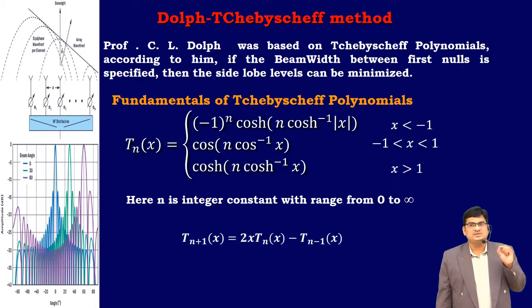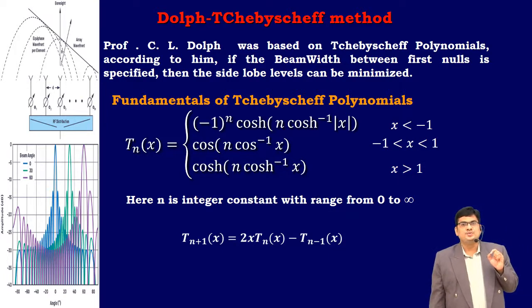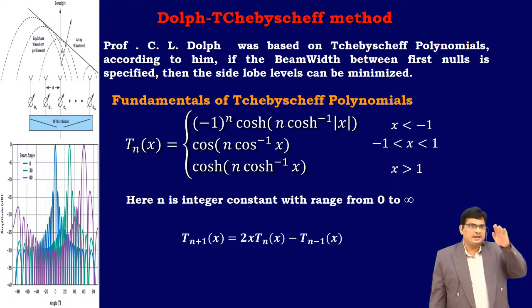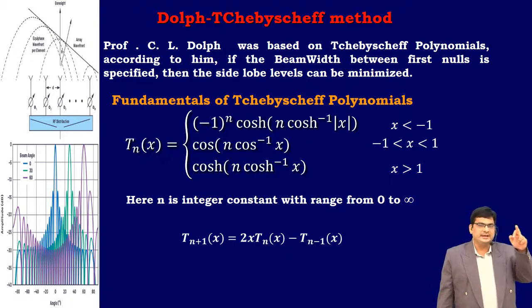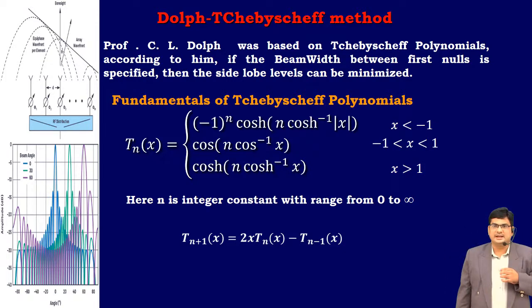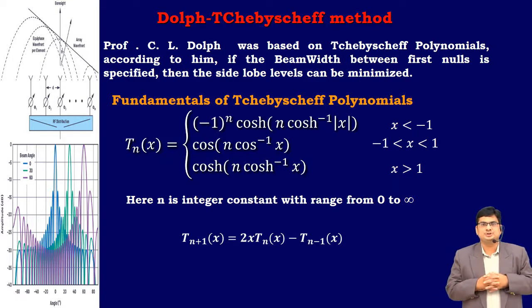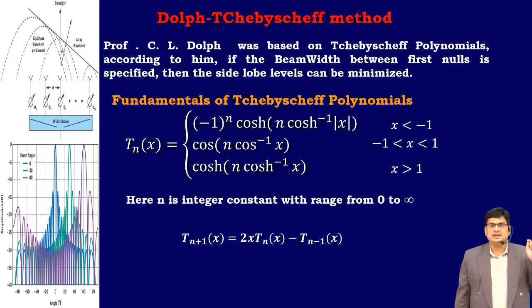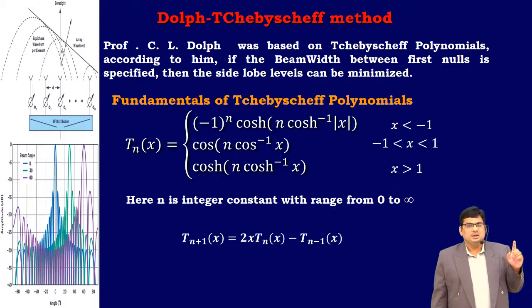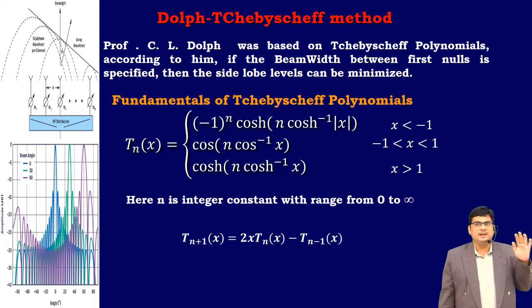That is the first side lobe level of a uniform amplitude distribution, and the remaining side lobe levels are decaying. But in the binomial array it is exactly the opposite: only the main beam will be there, and there will be no side lobe levels.